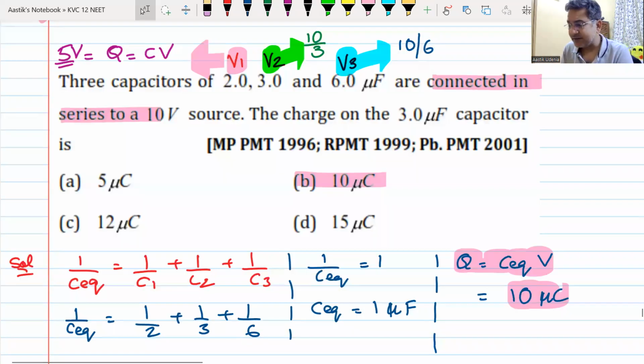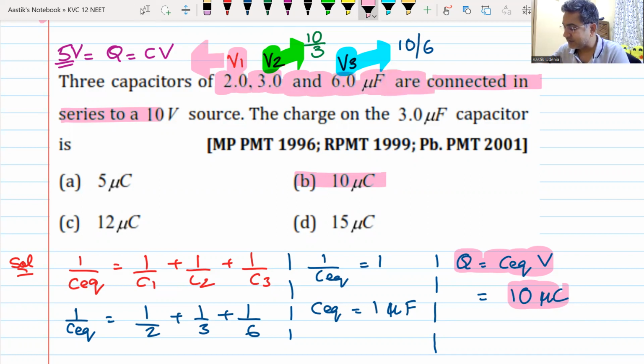Now look at this example. Three capacitors of capacitance 2, 3, and 6 are connected in series, and we have found out the equivalent capacitance, and see, the equivalent capacitance is coming as 1. It is less than all of the three. In fact, it is less than the smallest of them also.